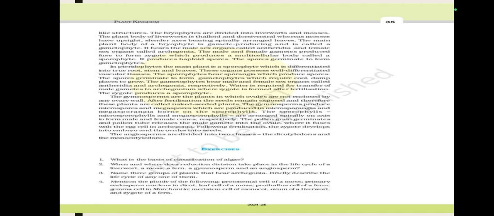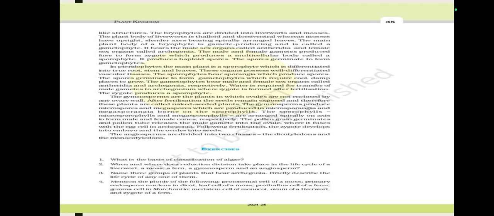The spores germinate to form the gametophytes, which require cool, damp places to grow. The gametophyte bears male and female sex organs called antheridia and archegonia, respectively. Water is required for transfer of male gametes to archegonium, where the zygote is formed. After fertilization, the zygote produces a sporophyte.